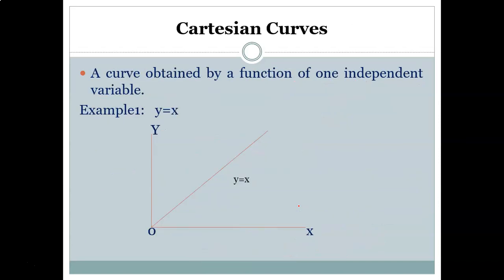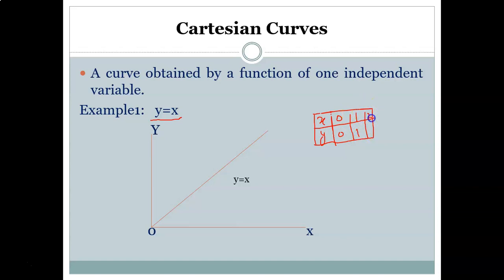So next you see the Cartesian curve. A curve obtained by a function of one independent variable is the Cartesian curve. This is the simplest one which we have learned in our lower classes: if we have x and y depending on x, you put x is 0 and y is 0. If you take x is 1, then y is 1.